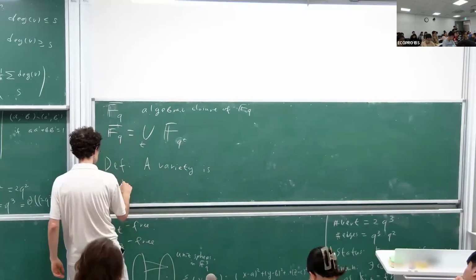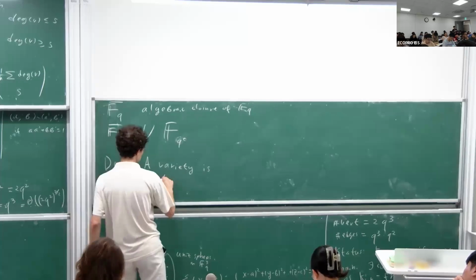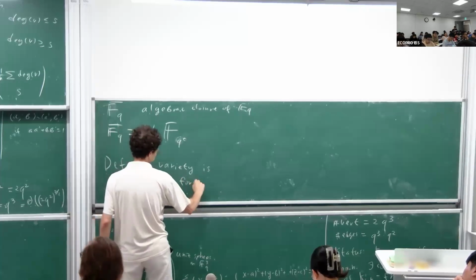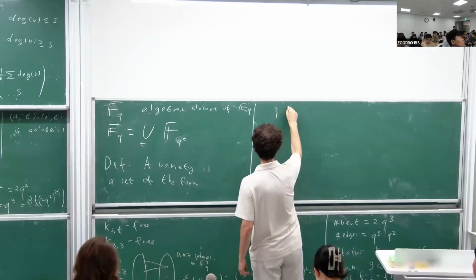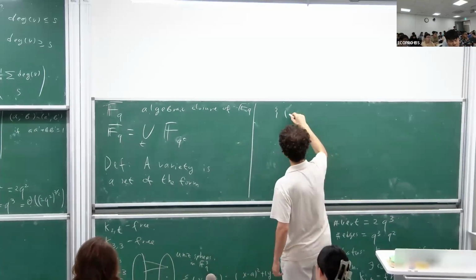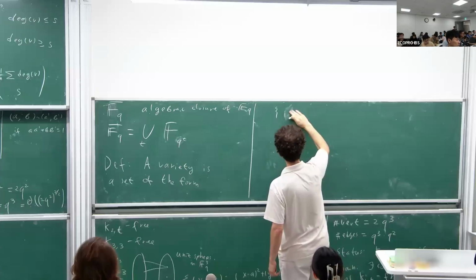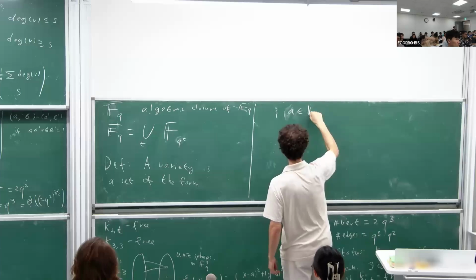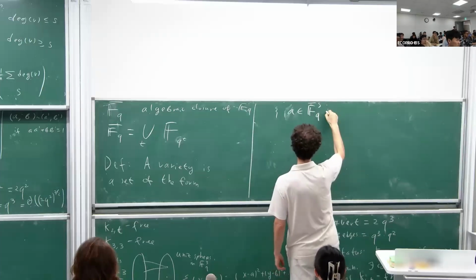Now, a variety is a set of solutions of a system of polynomial equations.